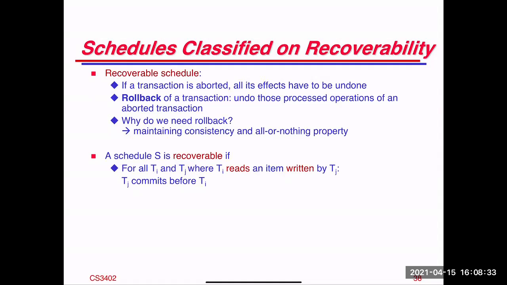So this brings us to the definition of a recoverable schedule. Here's the formal definition. We say that a schedule S is recoverable if for any two transactions, Ti and Tj, if it's the case that Ti reads an item that was already written in transaction Tj, then it must hold that Tj commits before Ti commits.